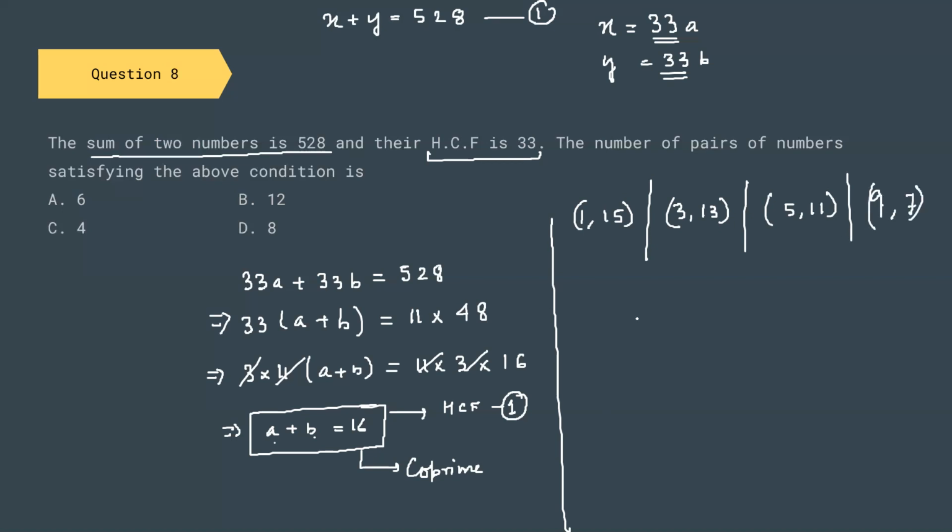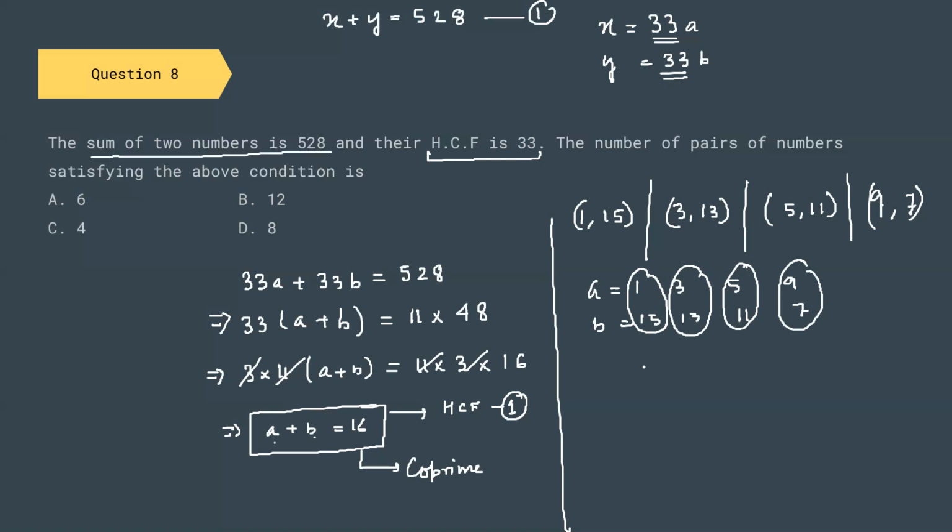So there are 4 pairs possible. The value for a can be 1, 3, 5, 9, and the value for b will be 15, then 13, then 11, then 7. So this is one pair, this is one pair, this is one pair, and this is one pair.